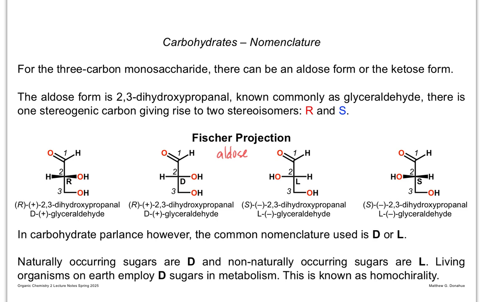In the Fisher form that you see, these molecules are acyclic, so it's a linear chain. Carbon number 1, so that's the aldehyde.